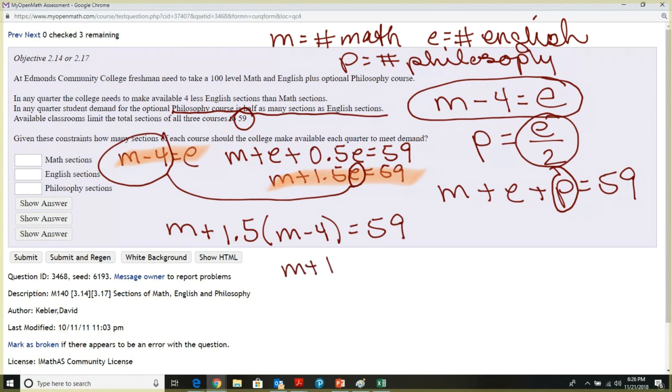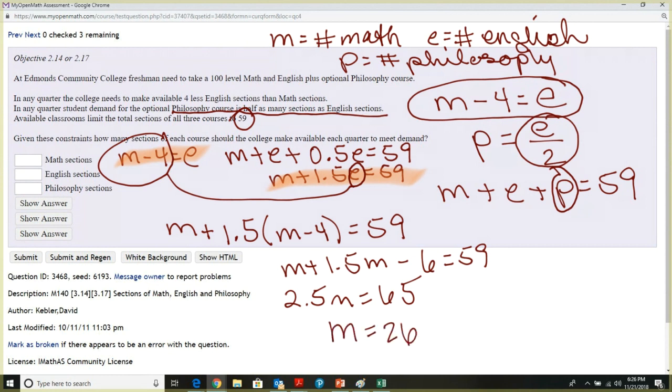So M plus 1.5 M's minus 1.5 fours is going to be 6, right? That should be 59, which means 2.5 M's. We're just adding the 6 over, so that's what, 65? So now we just need to divide 65 by 2.5, and we have 26 math courses.